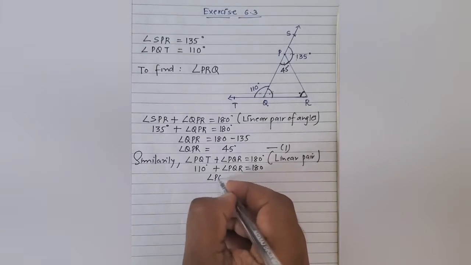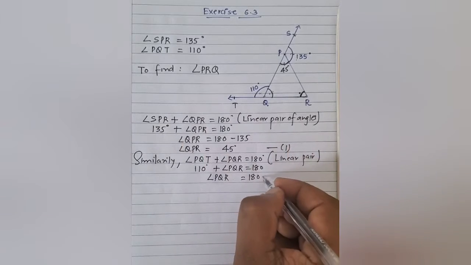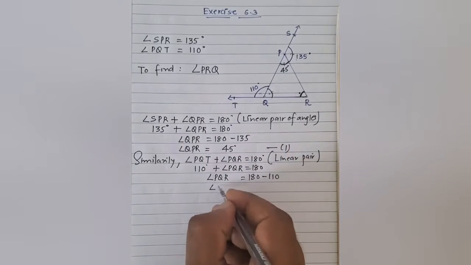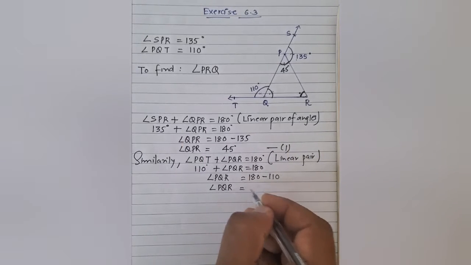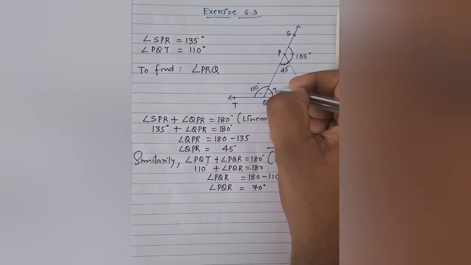So PQR will be equal to 180, 110 goes to the other side, becomes minus 110. So PQR is equal to 70. So this is 70.